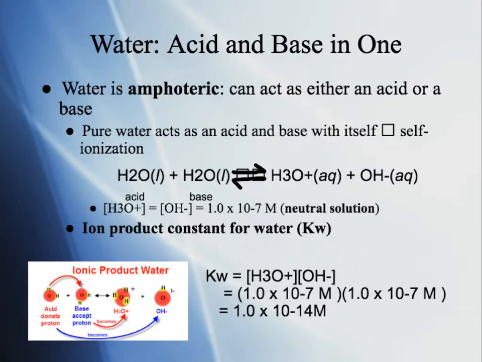All right, so in fact, pure water can go through what's called self-ionization, meaning that it acts as an acid or a base with itself. So within your bottle of water sitting at your desk, if you've got one, those water molecules are ionizing themselves.